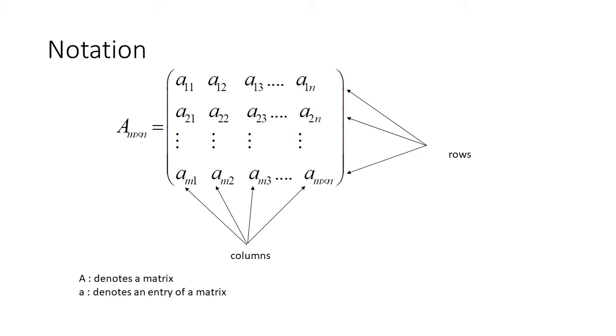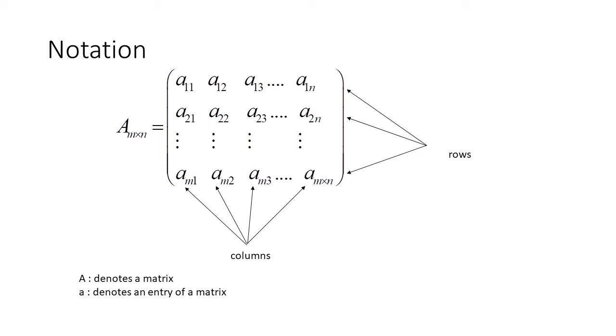It is a vertical arrangement: a11, a21, etc., am1; a12, a22, etc., am2; a13, a23, etc., am3; and a1n, a2n, etc., amn. So the number of columns is n. We see the second number, the suffix, in the last column. So it has n columns.